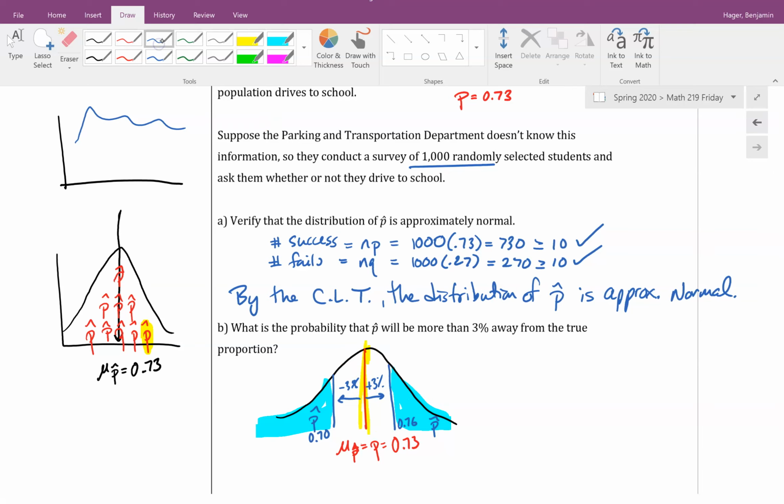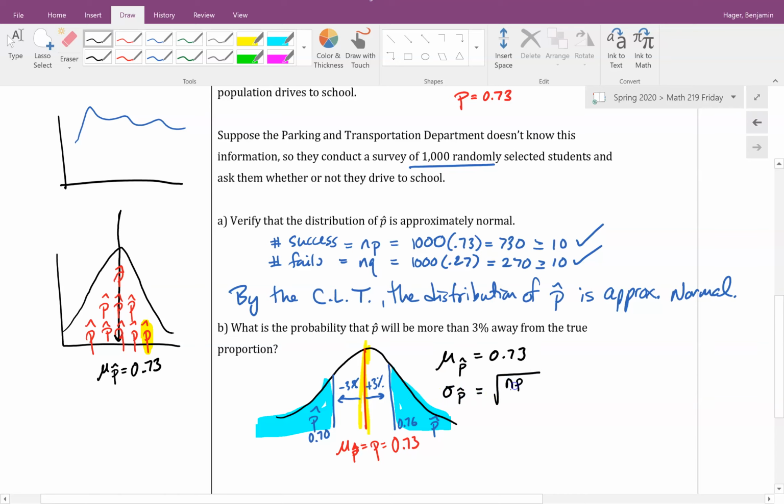Well, I can do this easy enough in StatCrunch. All I need to do is tell StatCrunch a little bit about this normal distribution. Remember, I'm going to go to Stat and Calculators, and then it's going to say, well, what's the average you're using? Well, we just said that's this guy. And then it's going to say, what's the standard deviation of that distribution? If you remember, there's a formula for this.